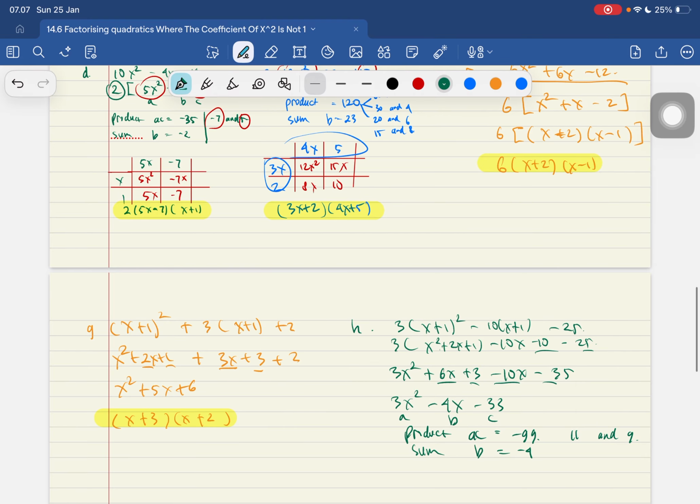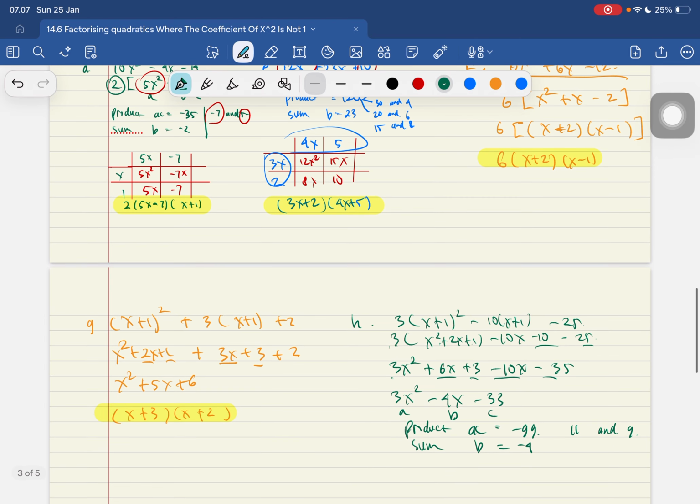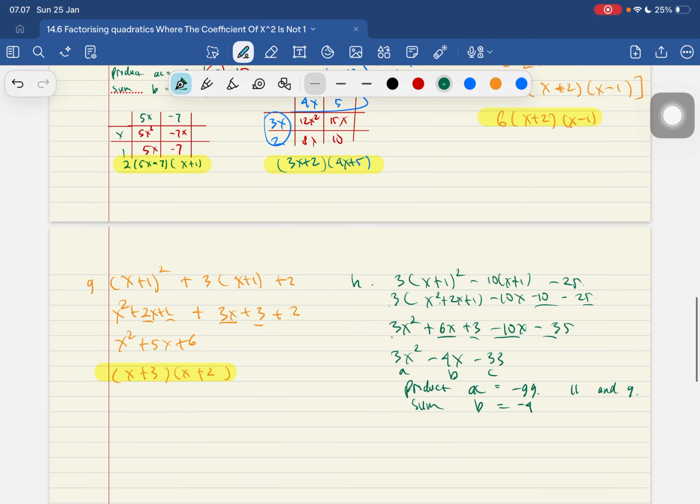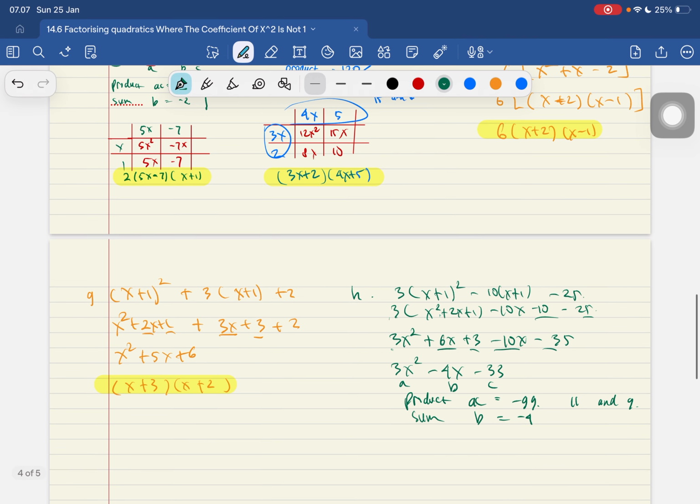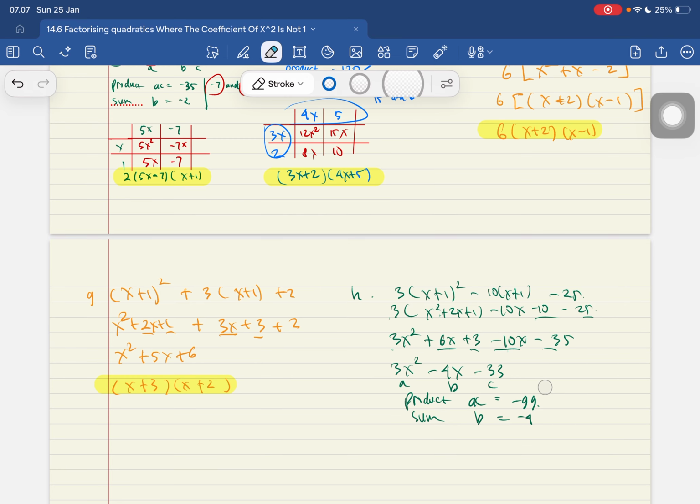Okay, 3 times x squared, 3x squared, 3 times 2 is 6x, 3 times 1 is 3. And then here you got minus 10. Okay, not 33. So this is 32, because plus 3 minus 35 is minus 32.